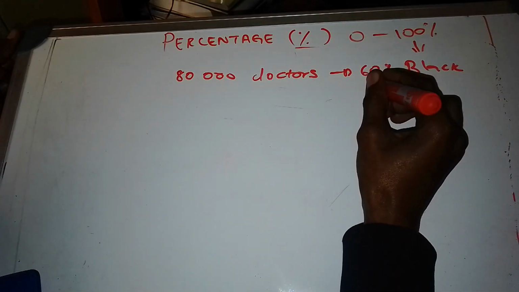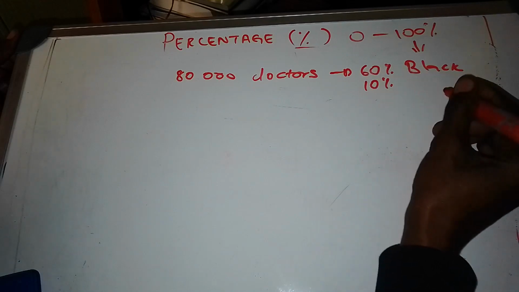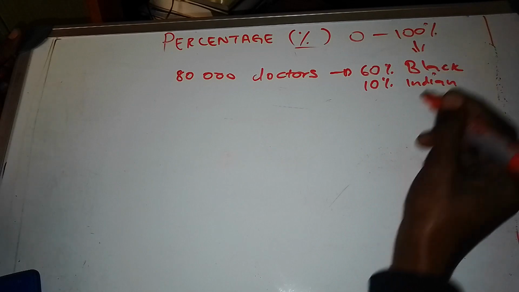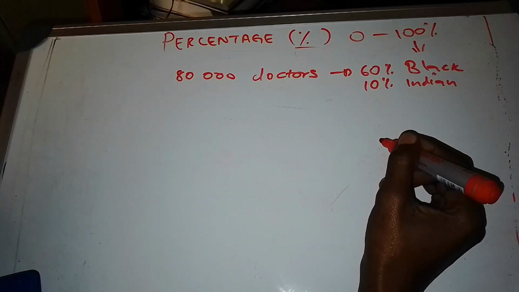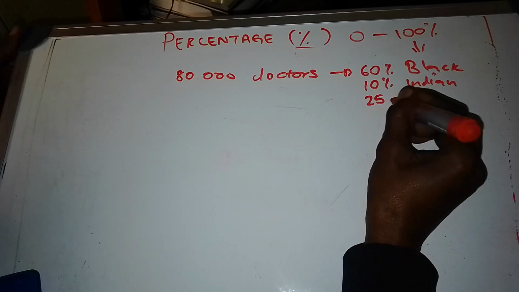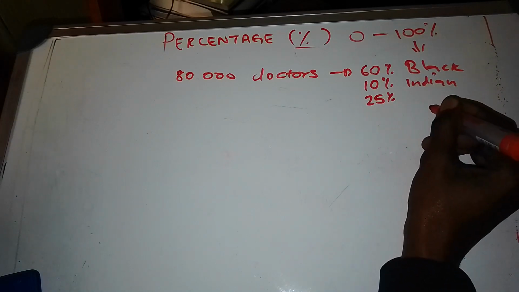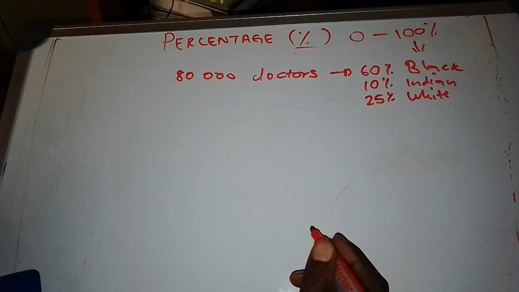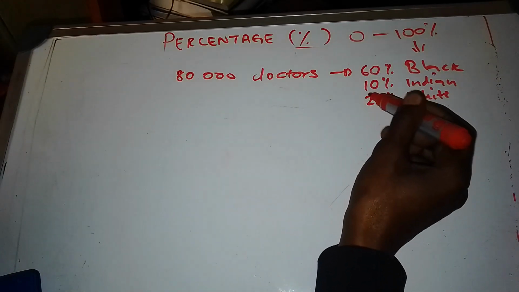They say 10% is Indian. They say 25% is white. And then they say, what is the difference?